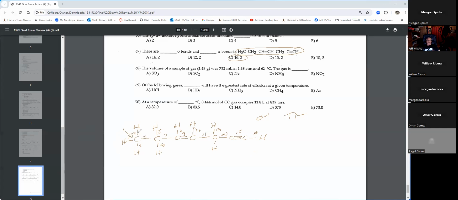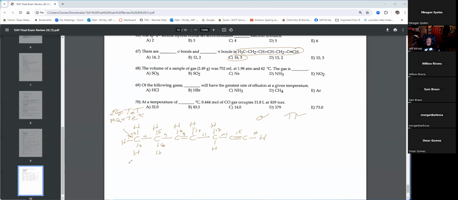It's got 1, 2, 3, 4 things around it. What's the electron geometry? Tetrahedral. There you go, tetrahedral. Any non-bonding electrons? No. So what's the molecular geometry? Tetrahedral. What's the hybridization around this carbon?